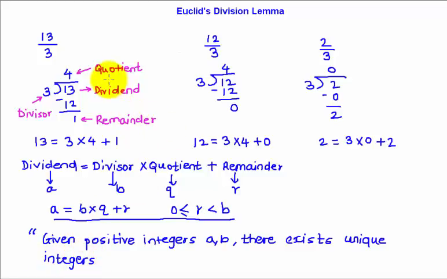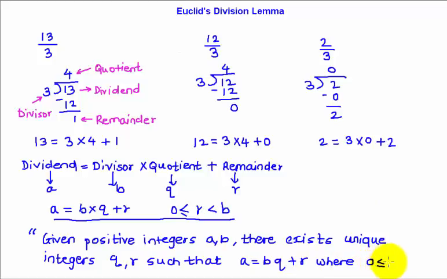Now what are those unique integers? Those integers are the quotient and remainder, and we are calling the quotient Q and the remainder R. So the unique integers Q and R such that A is equal to BQ plus R, where this condition is very important.